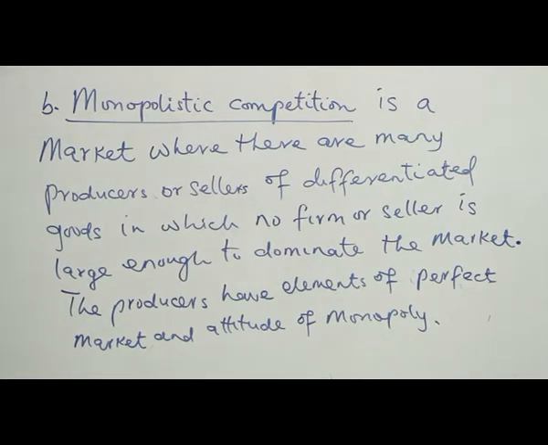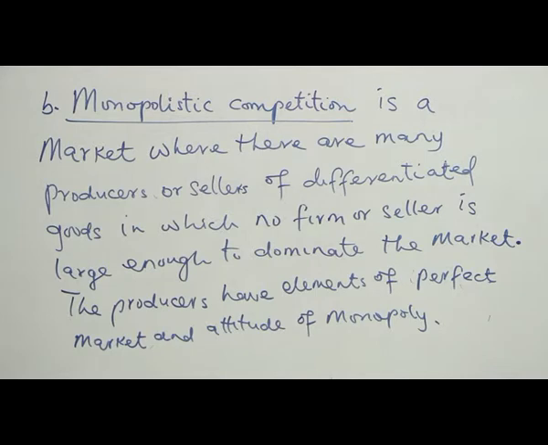So here, each firm can still dictate its price, unlike perfect market, where the market dictates the price. So that's why I said the producers have the element of perfect market and the attitude of monopoly. When I say attitude of monopoly, they dictate the price.